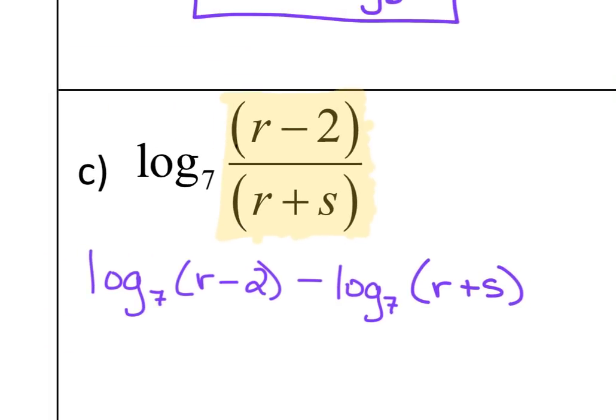Now, at this point, you can't do anything else, because here the argument of this logarithm is a subtraction problem, and here the argument of this logarithm is an addition problem.